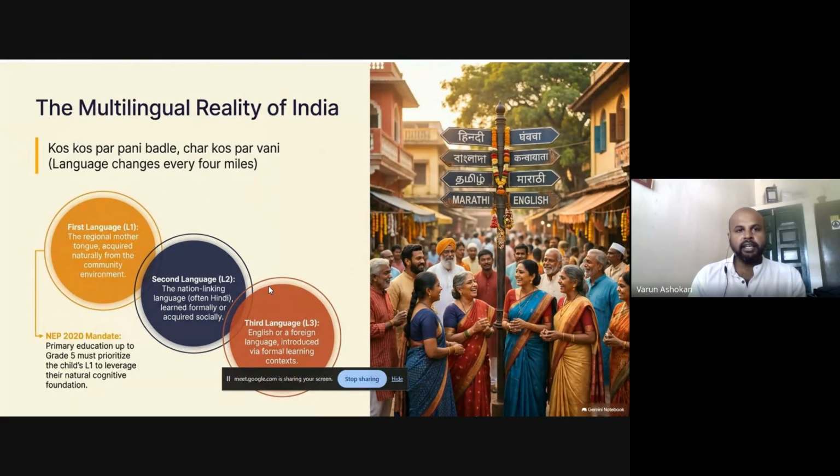In India, we all know that the language changes every four miles, as water changes every few miles. This is very true because the accent is different, the dialect is different. For example, I speak Tamil, and every mile we have some new vocabulary, and the semantics of the language may change.